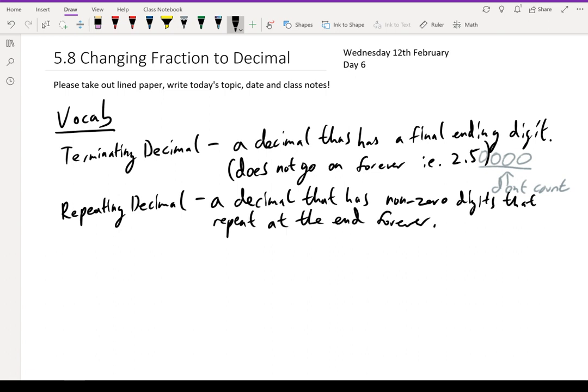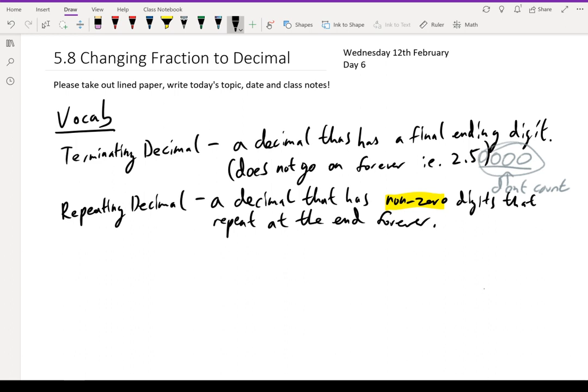Now, why did I say non-zero? Let me just quickly highlight this non-zero, is because these are zeros. I can repeat as many zeros as I want, but that doesn't count. So that's why it has to be non-zero digits that repeat at the end forever.